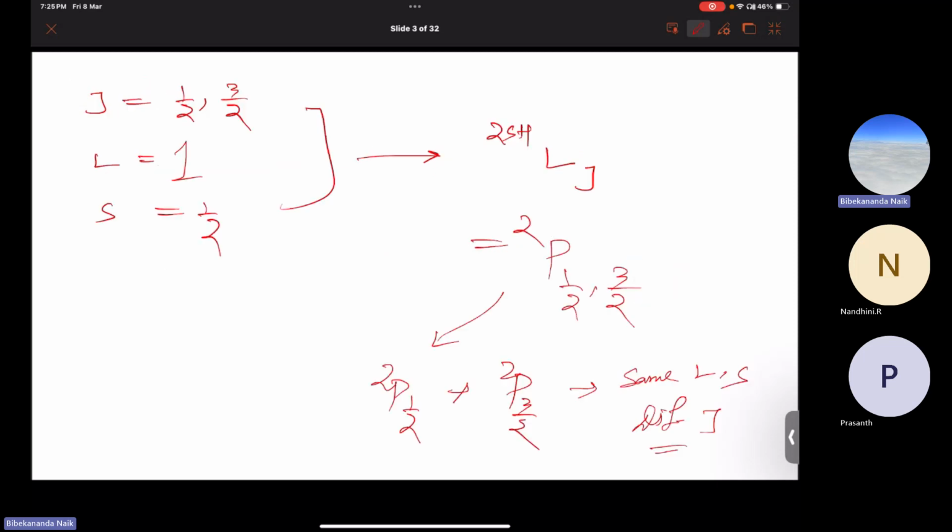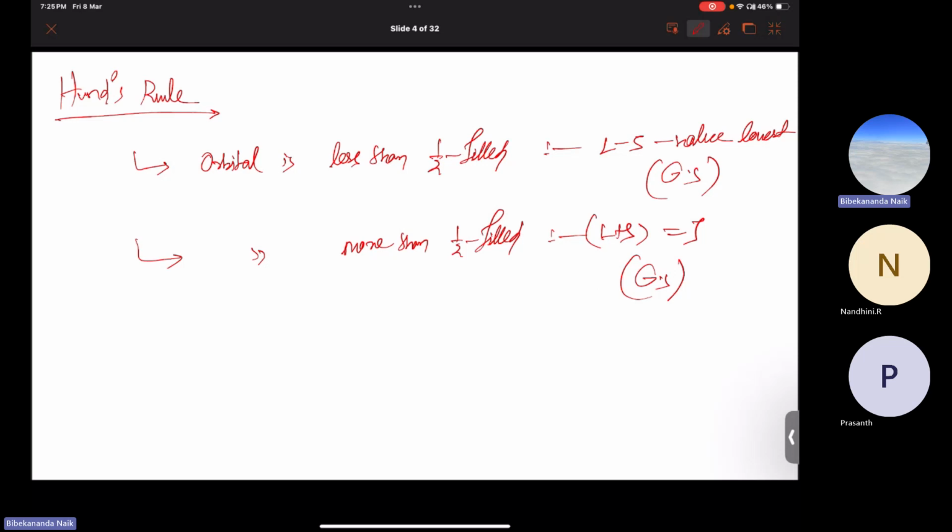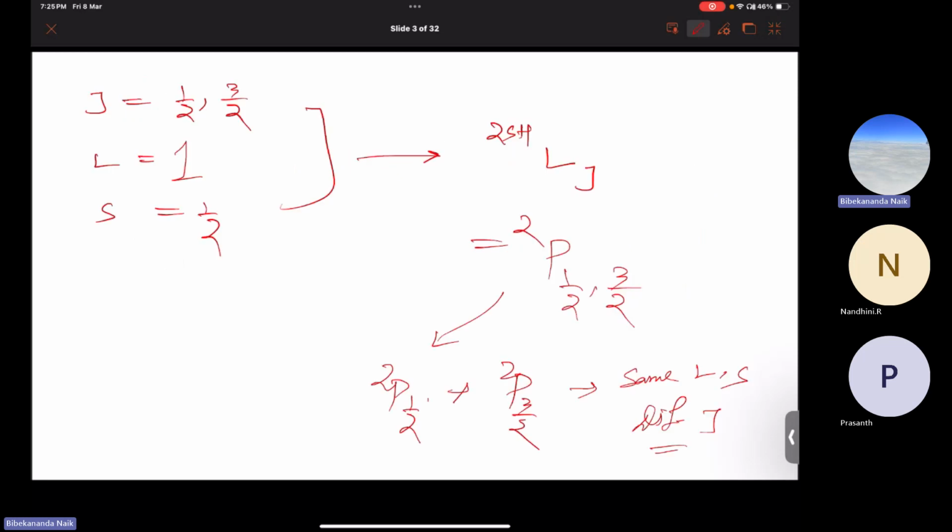So here you can see for P, we know P can accommodate 6 electrons. So half filled means 3 electrons, but here you see it is less than half filled. So for less than half filled, according to Hund's rule, the J value for ground state will be L minus S. So here you see L minus S is half, L plus S is 3 by 2.